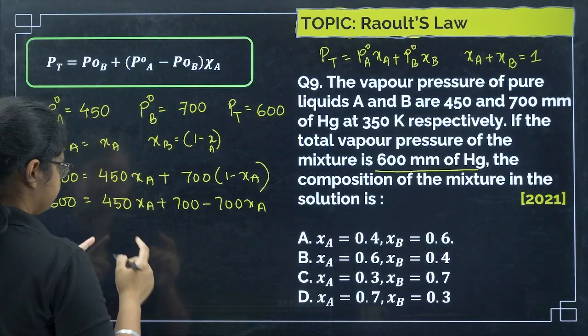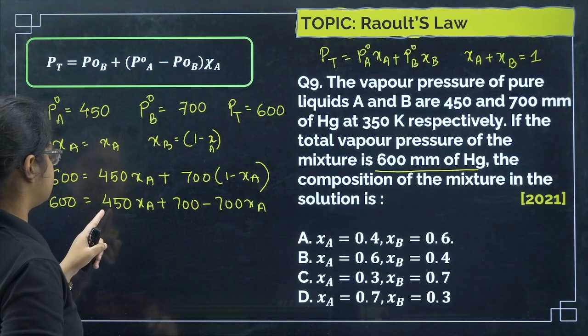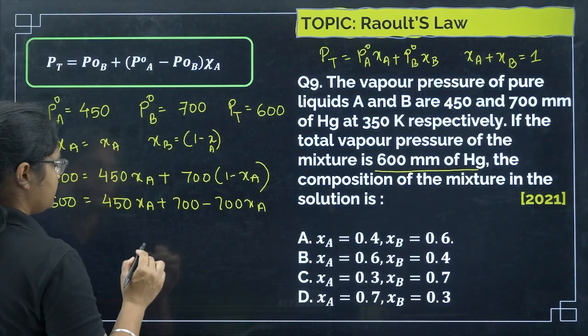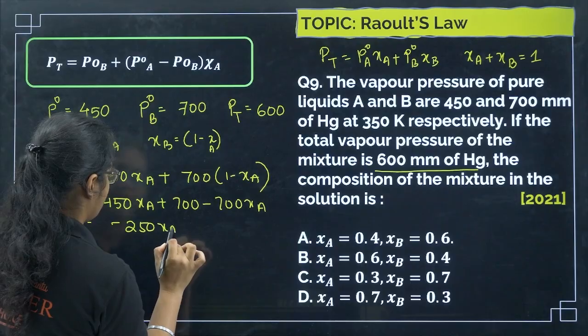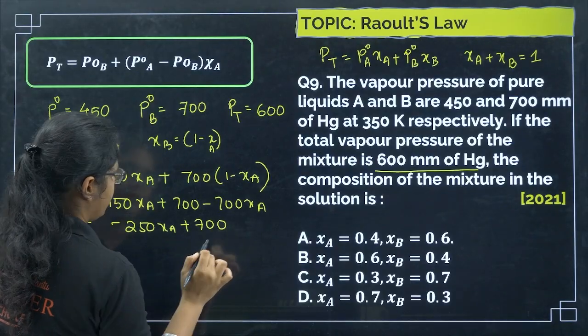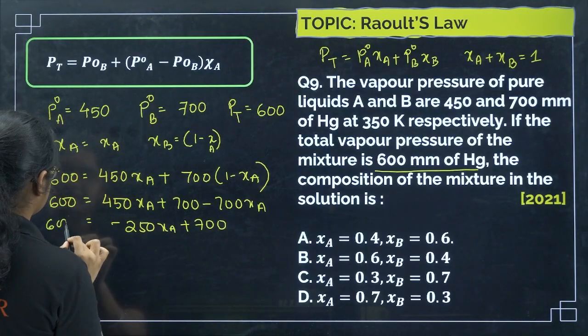Next, 450 minus 700 will give me minus 250, right? I can write minus 250 XA plus 700 is equal to 600.